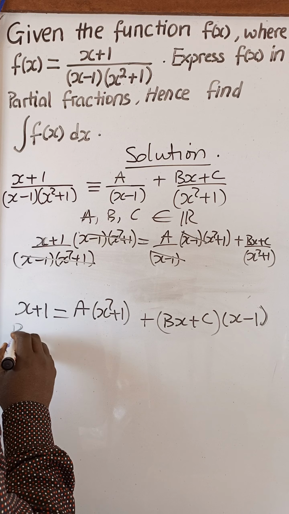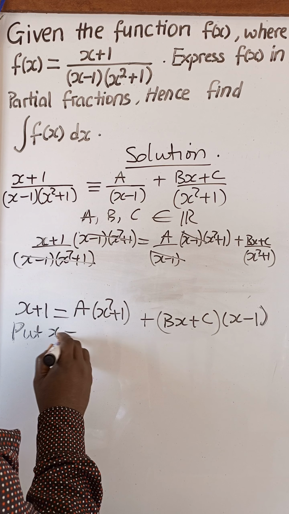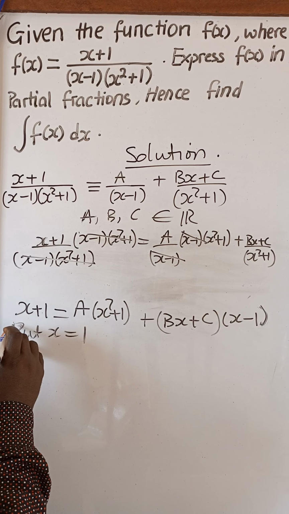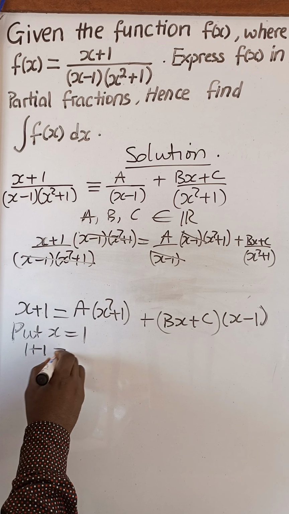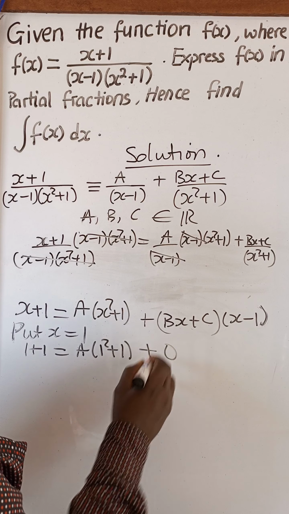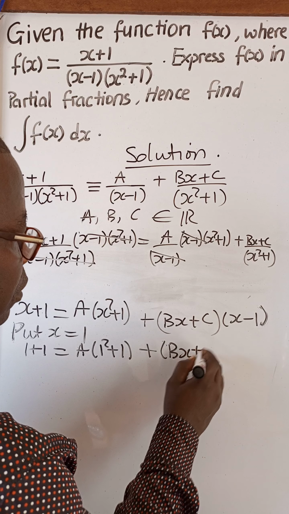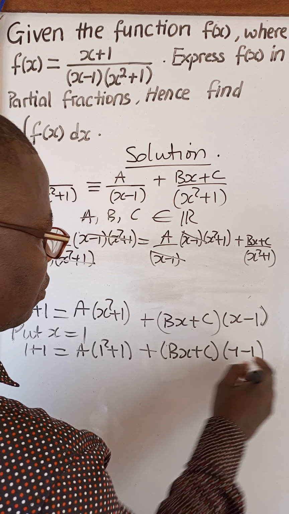So let's just go ahead and do that. We say put x to be 1. The left hand side will become 1 plus 1, which will be a into 1 squared plus 1, and then plus bx plus c into 1 minus 1.